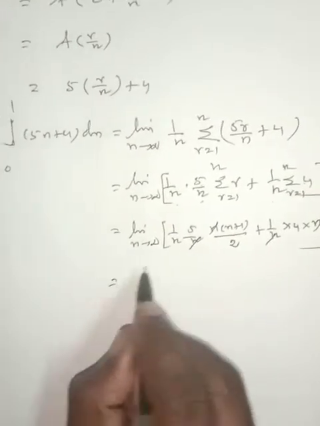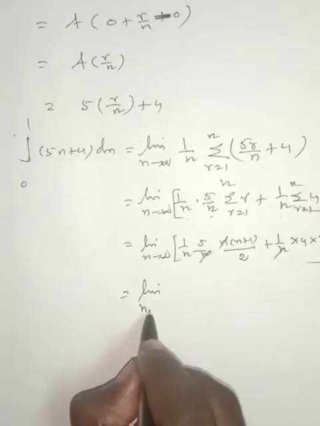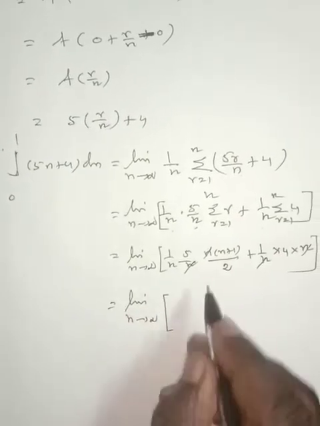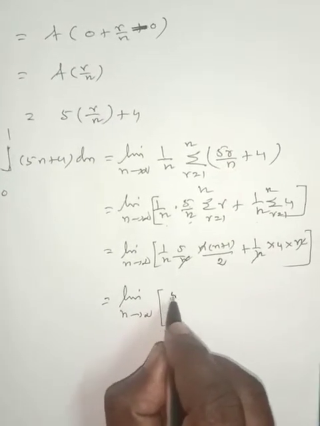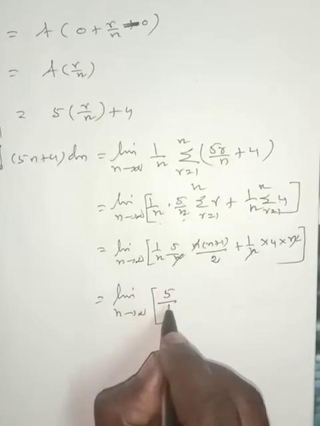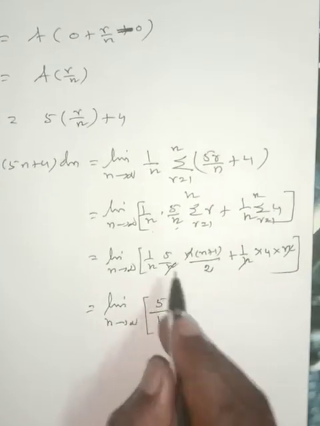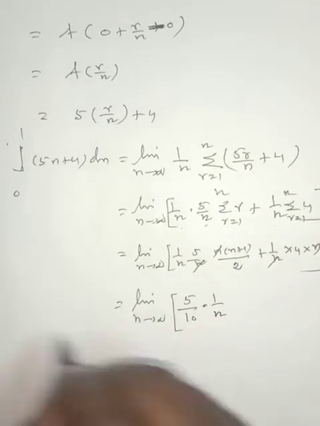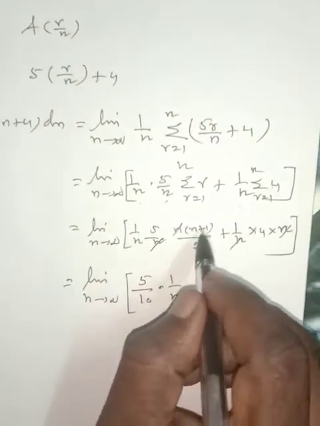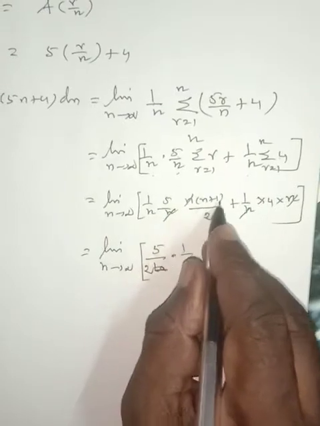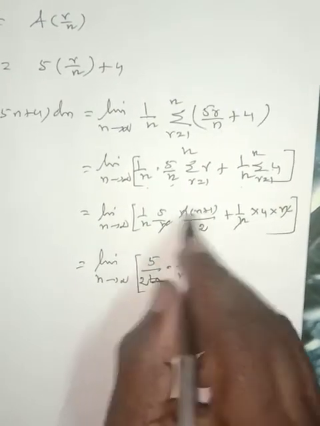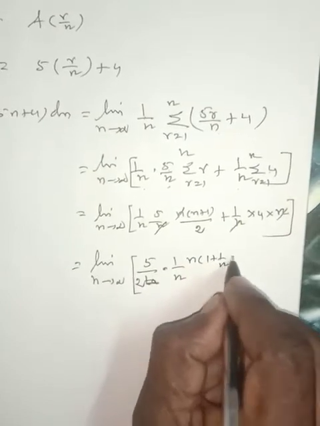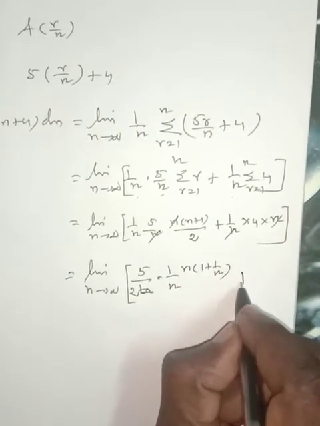We get limit n tending to infinity 5 by 2 into 1 by n, now taking n as common, n into (1 plus 1 by n) plus 4.